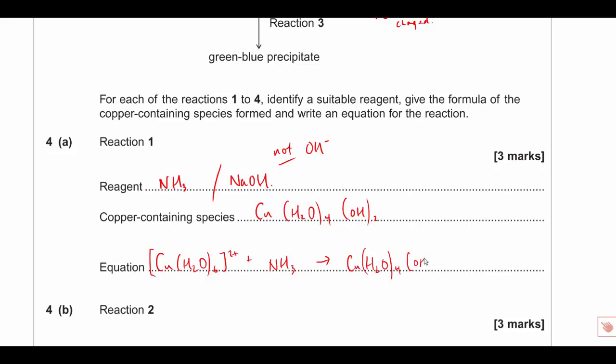Cu(H2O)4(OH)2, add 2 NH4 plus. What we've done, obviously, we've removed 2 hydrogens from the 6 waters, therefore leaving us the 4 waters and the 2 hydroxides there, and we're going to need a 2 there as well, which balances it up a treat, I believe. Yeah, 2 plus, 2 plus, yeah, nice.